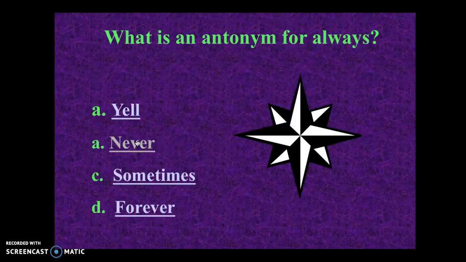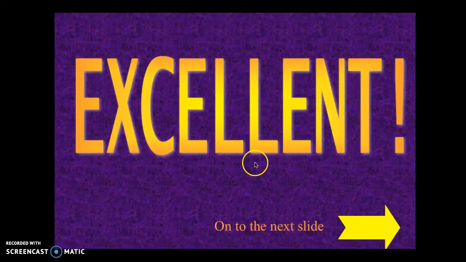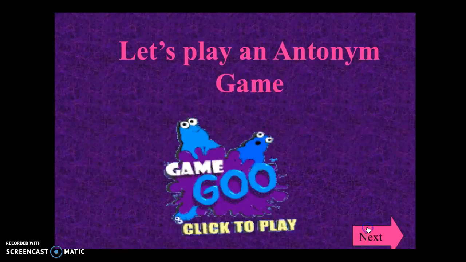Never could definitely be the answer because that would be the opposite of always. Sometimes is kind of the same as always, and forever would probably be a synonym for always. So the answer here would be B, never. Excellent. Go on to the next slide.